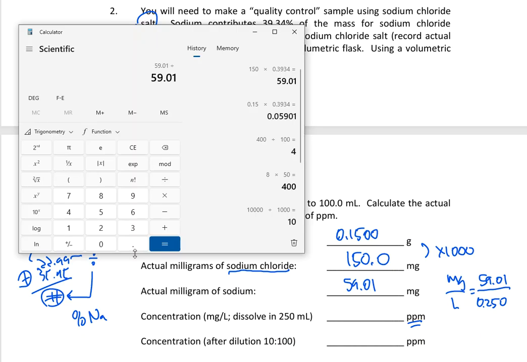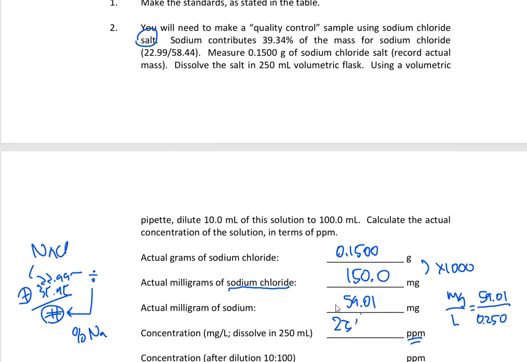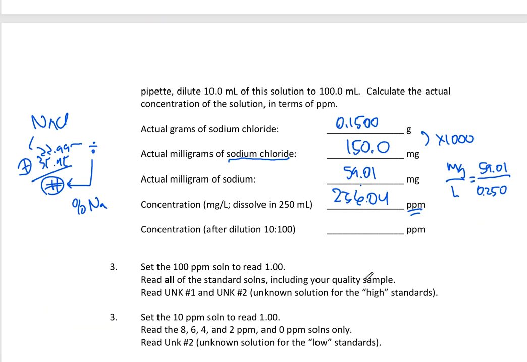And I'm going to divide that by 0.250 because I've dissolved that in 250 mils of water in a volumetric flask. So my concentration here in terms of part per million is 236.04. All right, so 236.04.